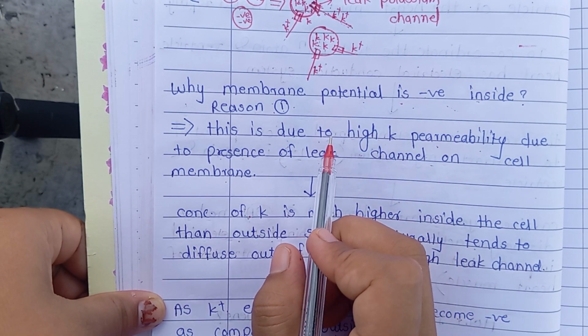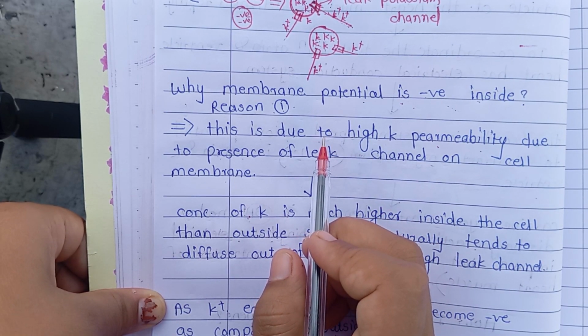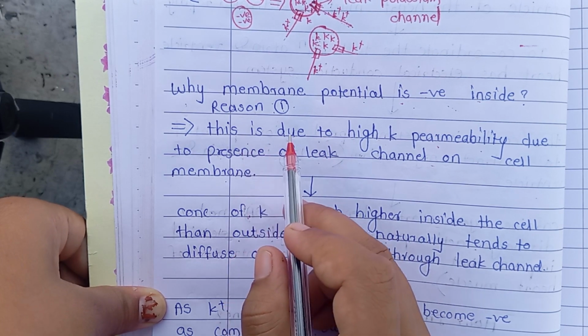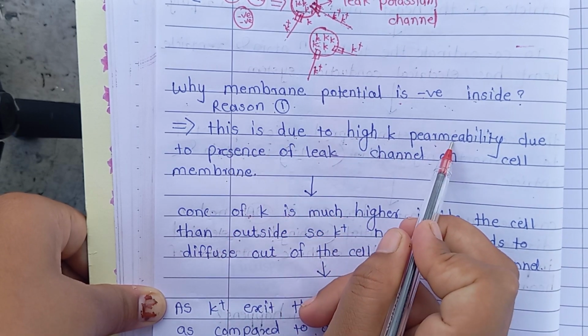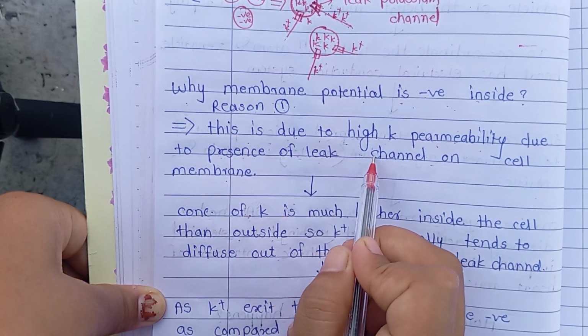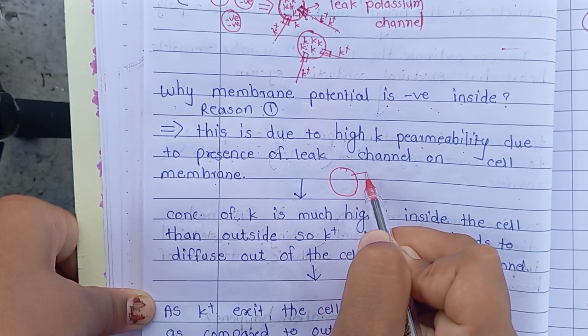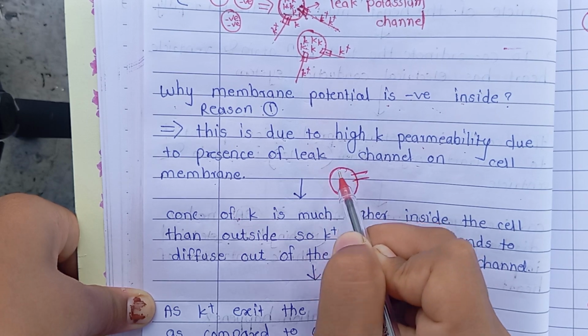This has two reasons. Reason number one is potassium permeability. This is due to high potassium permeability due to the presence of special leak channels on the cell membrane of our heart.